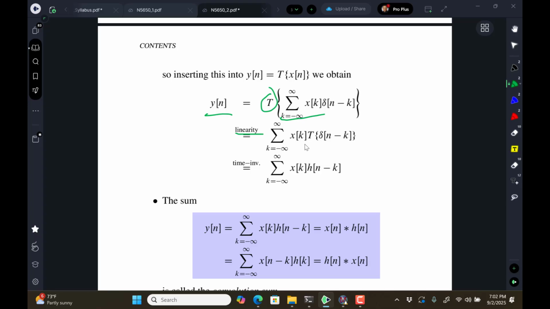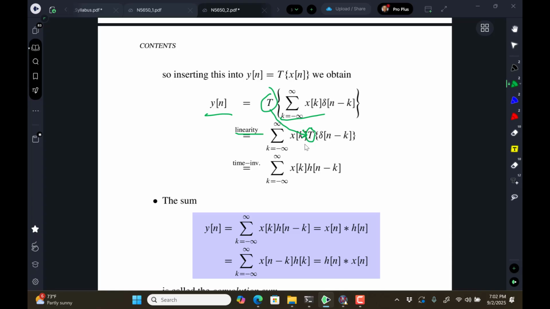It says that we can take T and move it inside the sum operation because we can operate individually on each component, and we know that if it's a linear system, it will not change the output in any way. And because it's linear, we also know that gain coefficients out in front can be moved outside of the T operator too, because they just ride along and are transparent to the system. So that's x of k in this case.